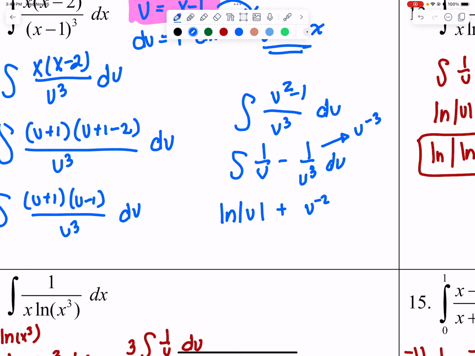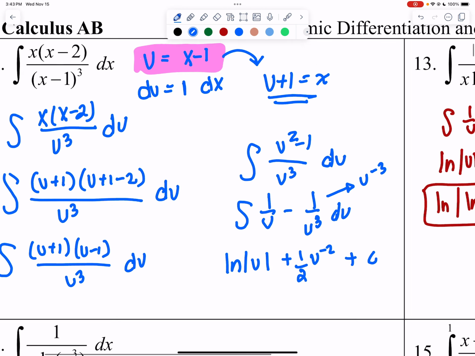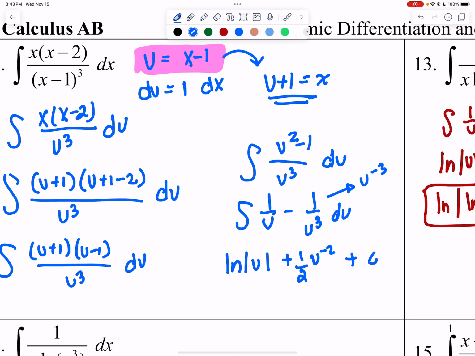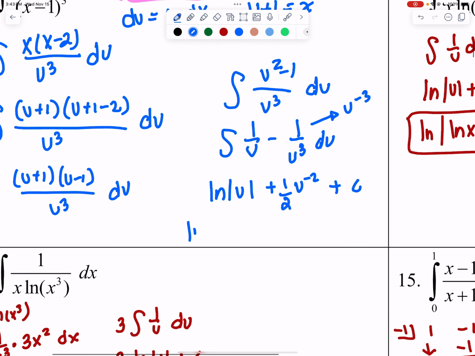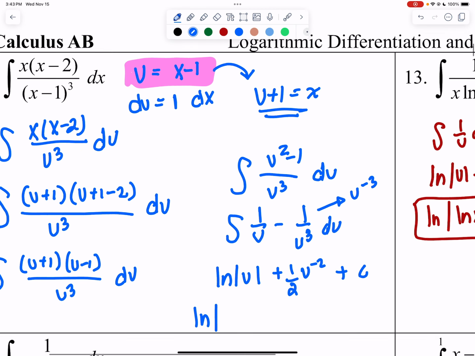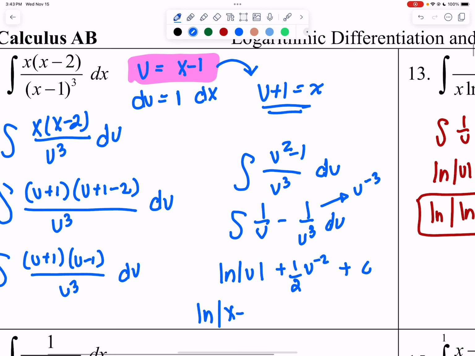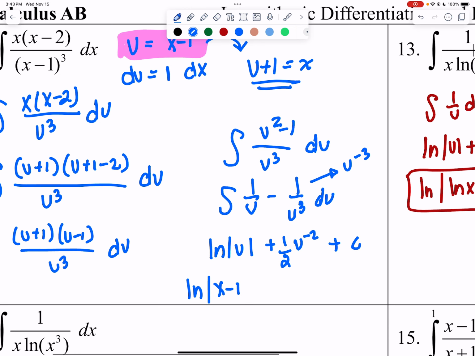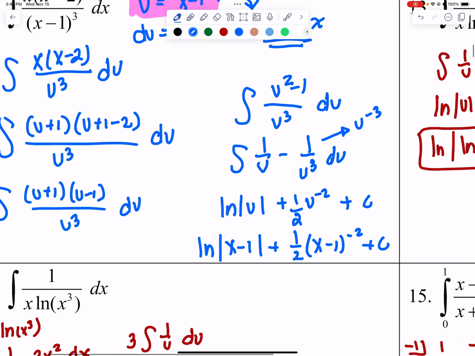And then we're going to have 1/2 plus c. And because u is x minus 1, I'm going to have my final answer to be ln of the absolute value of x minus 1 plus 1/2 x minus 1 to the negative 2 plus c. Now, you can make it a little bit prettier so that you don't have a negative exponent. That is fine.